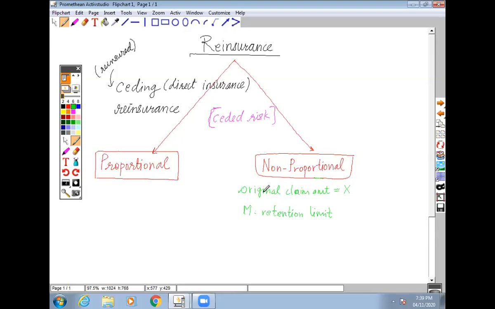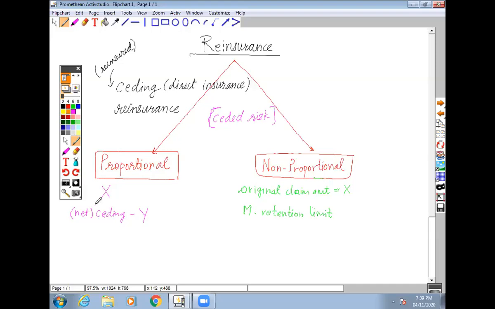And again, let me just break it down for you now. In proportional insurance, let us say my original claim amount is X, and the claim amount which the ceding company will have to pay, let us say, the ceding company's net claim amount, will be Y. Whenever I'm talking about net, I mean how much of the claim the ceding company is actually going to pay.